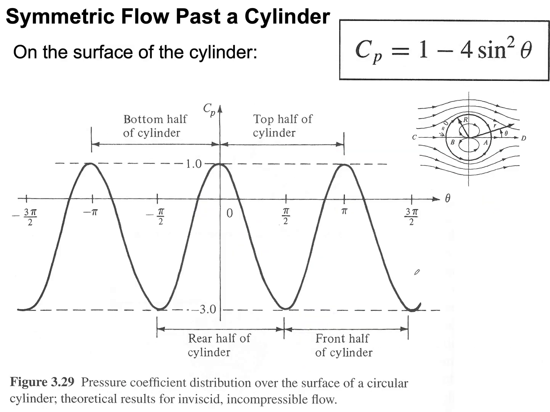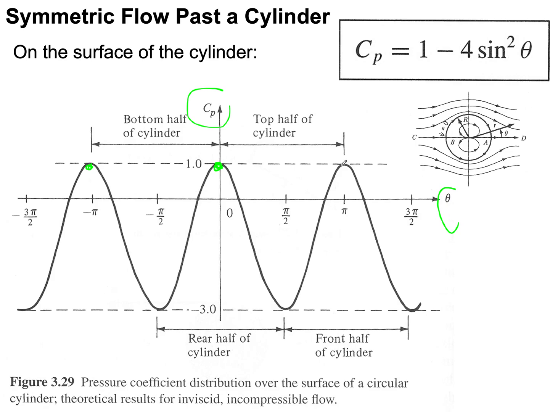So here's the cylinder, you plot Cp = 1 - 4 sin² theta as we just described before. So here's my Cp and here is theta. So Cp = 1 is at the stagnation points, so at the front and the back.